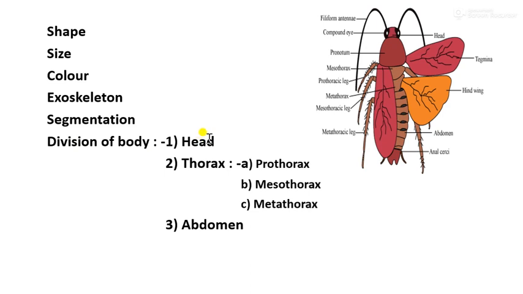Now we see about the head. It is ovate and flattened anteriorly, and posteriorly highly mobile in all directions due to the flexible neck. The head bears a pair of compound eyes, a pair of antennae, appendages around the mouth, and the top of the head capsule is called vertex.